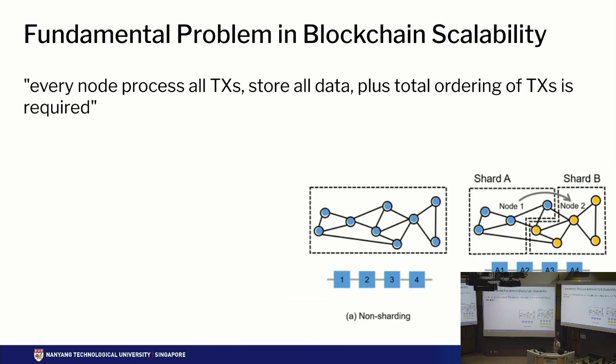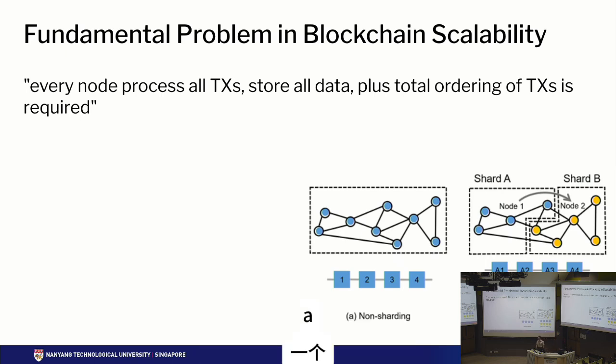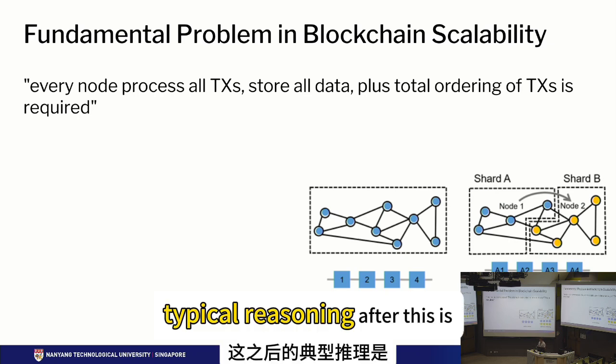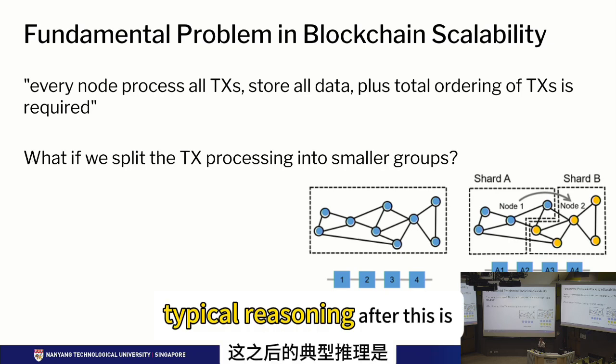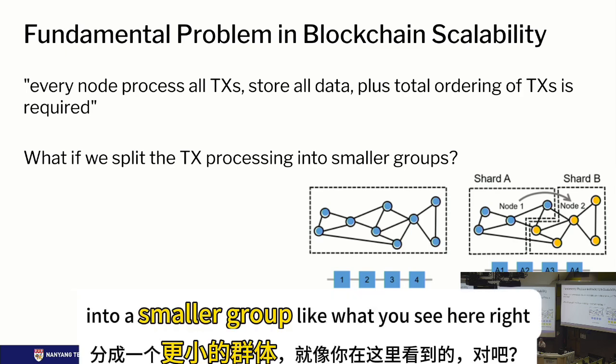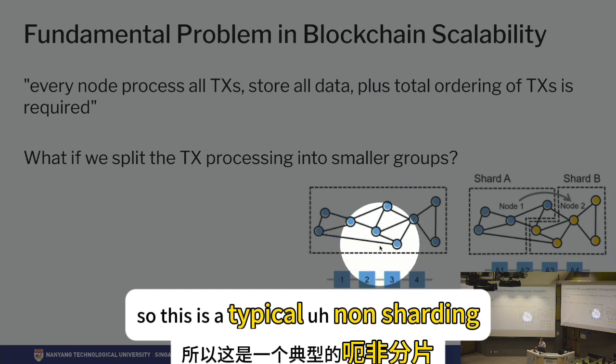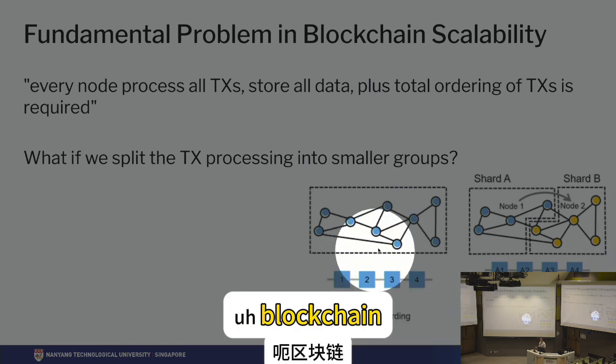But when we want to scale, right, a typical reasoning after this is like, what if we split the transaction processing into smaller groups, like what you see here? So this is a typical non-sharding blockchain.